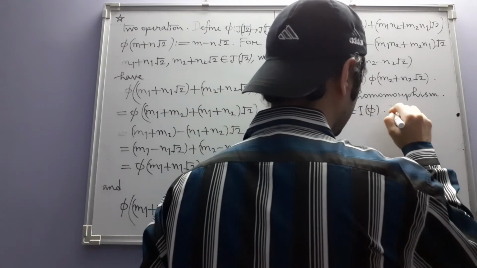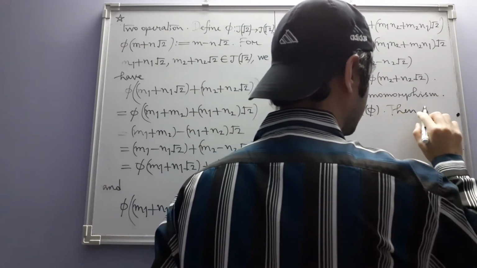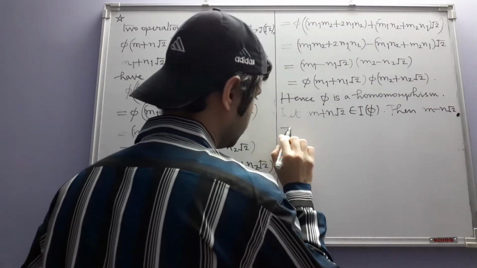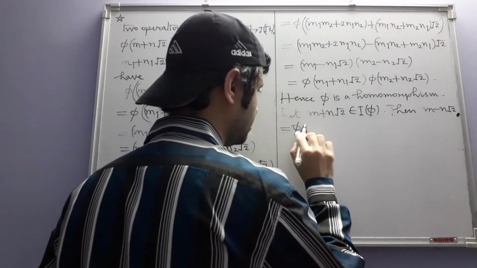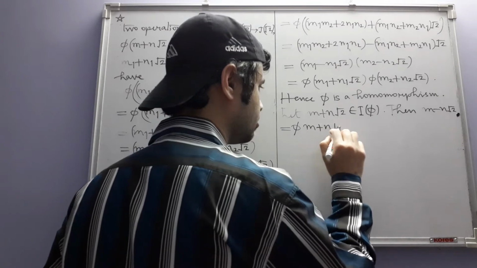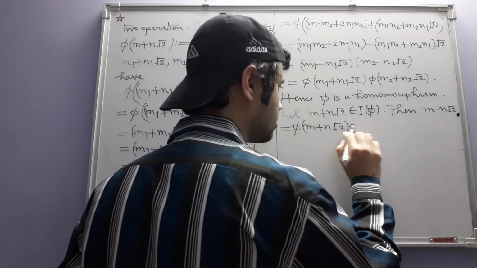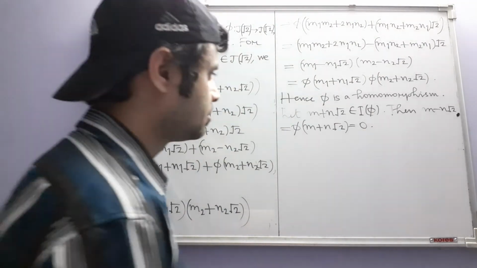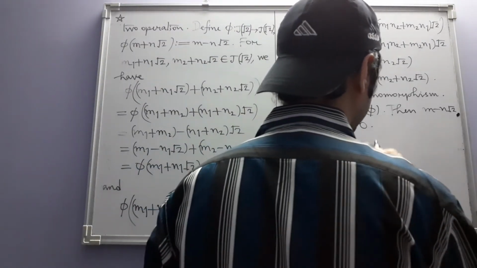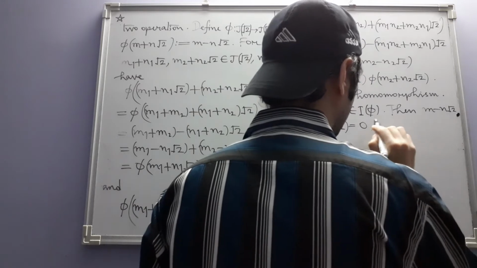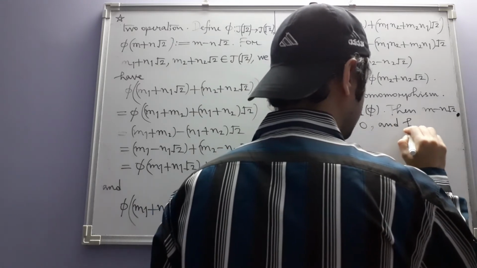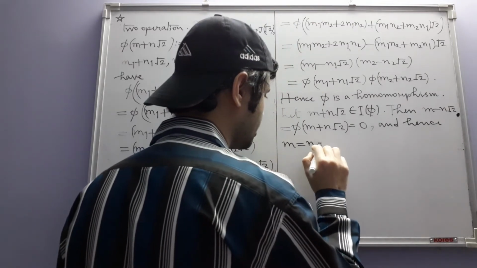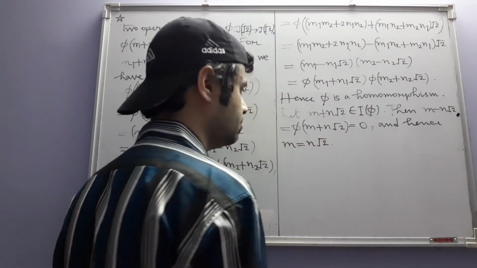Then m minus n root 2, which is nothing but the phi image of m plus n root 2, has to be equal to 0. Okay? By definition of kernel. And from this, what do we get? m is equal to n root 2.